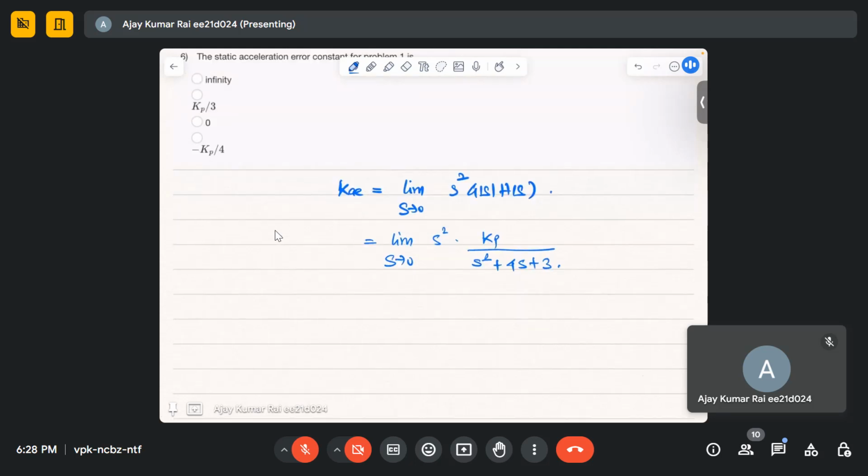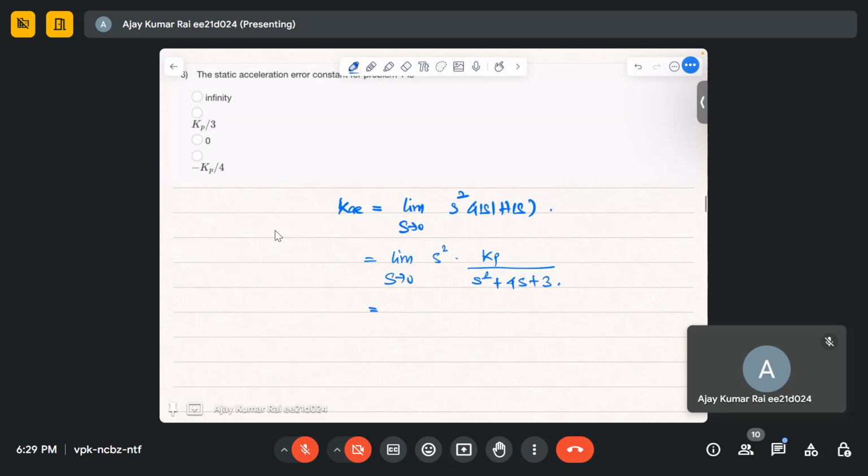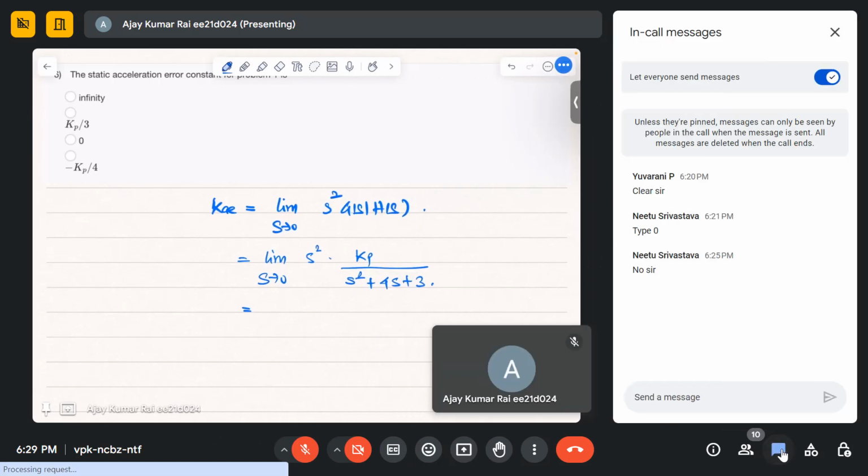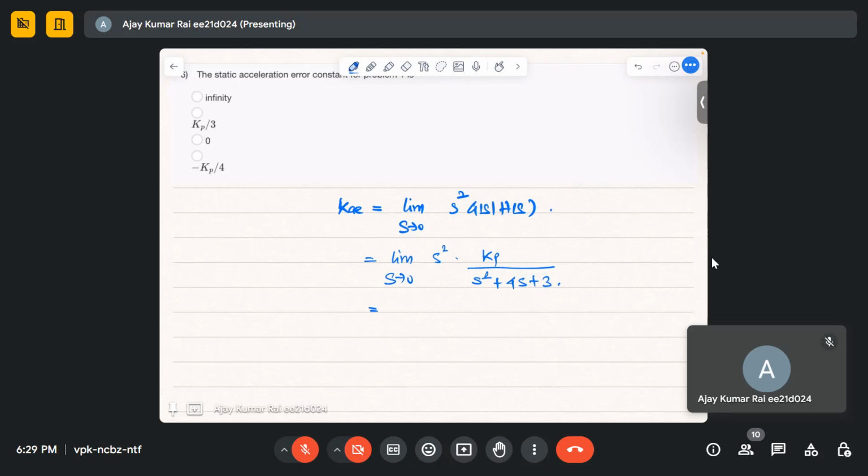So if you apply the limit, what you will get? So what is the answer? Can you do any manipulation? Sir, option 3. What you're getting? 0. Yes.